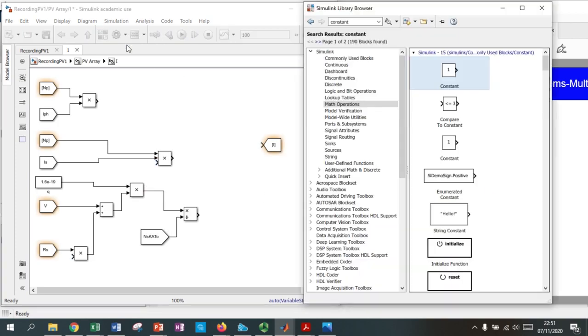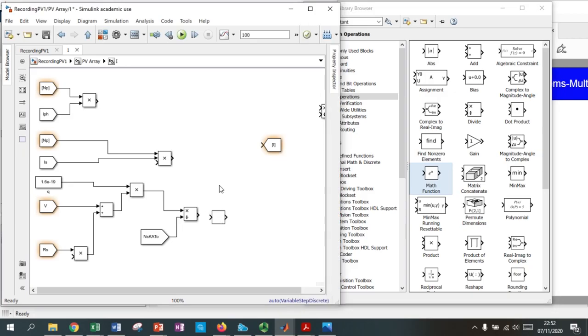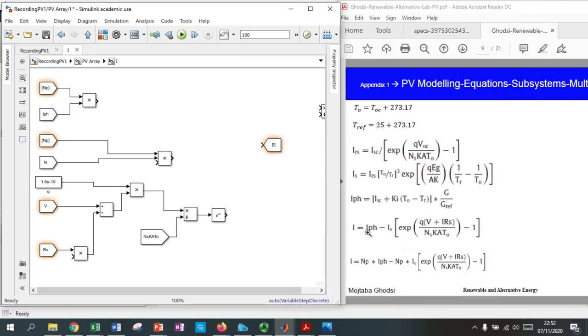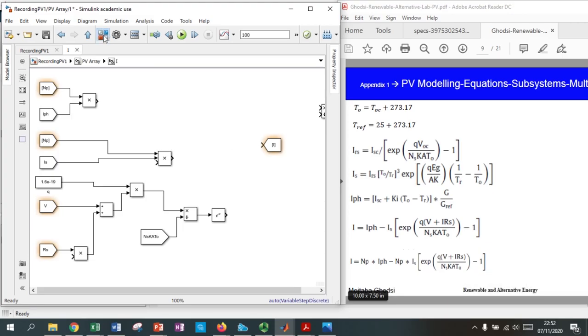Then we need one mathematical function, which is the math operations. This is this one, it's an exponential. Then it's coming here. Then after this one, we divide it by Q minus 1. Then it's a subtraction. We need a subtraction.